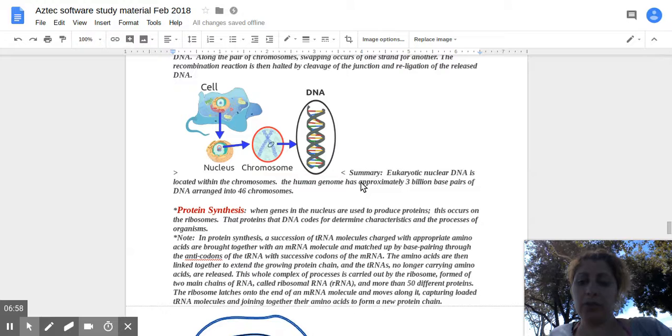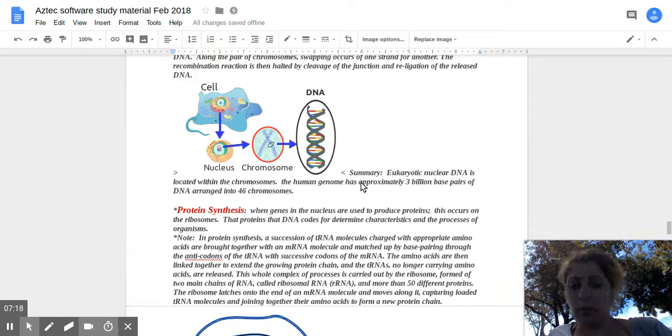The amino acids are linked together to extend the growing protein chain. The tRNAs no longer carrying amino acids are released. The whole process is carried out by the ribosome. So this is called translation.